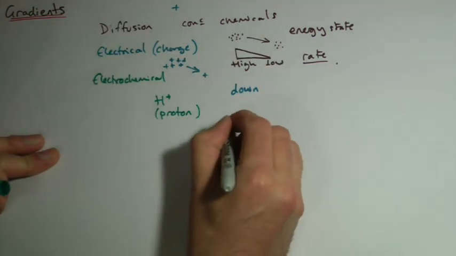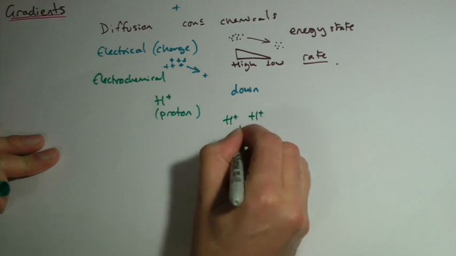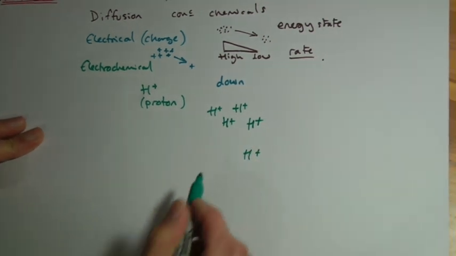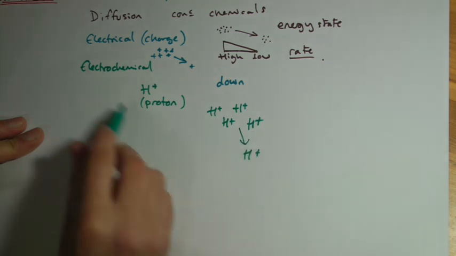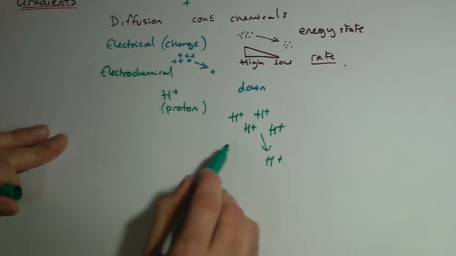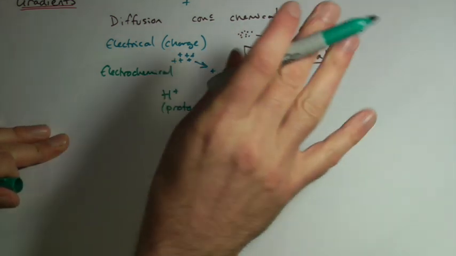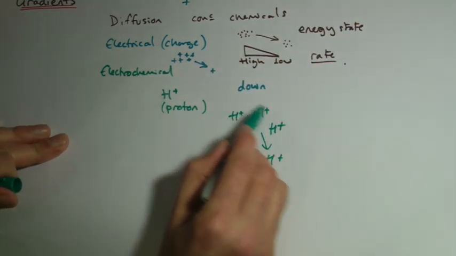If you have lots of protons in one place and not much in another, you will get diffusion down an electrochemical gradient. Why electrochemical? Because the hydrogen ions are in a high concentration over here, but also there's more charge in one place.